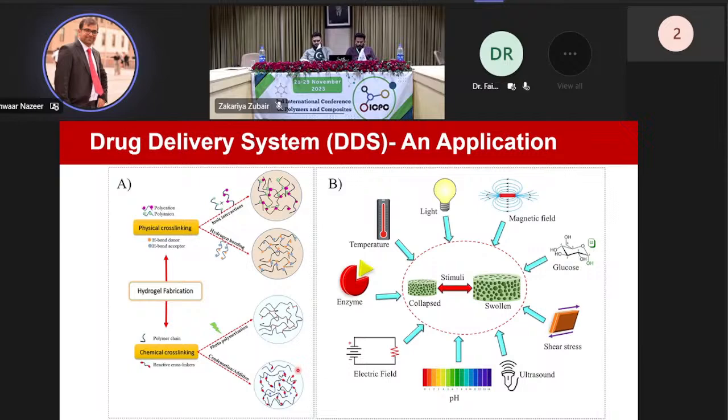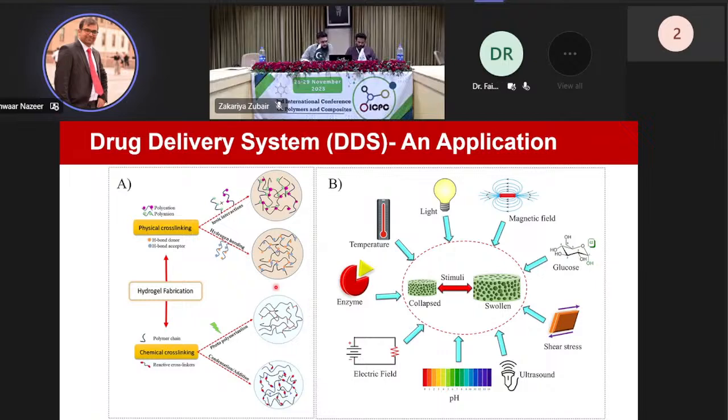Drug delivery system, or DDS, is an application of tissue engineering. What we do in that one is make the hydrogels. These hydrogels can be made through physical cross-linking or some sort of chemical cross-linking. And these drug delivery systems have some stimuli.